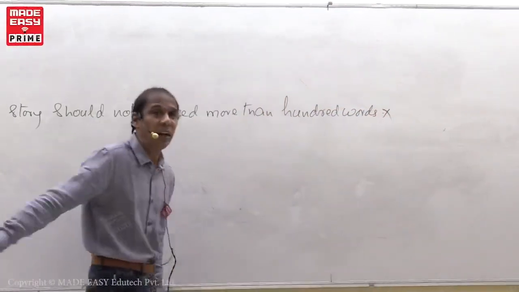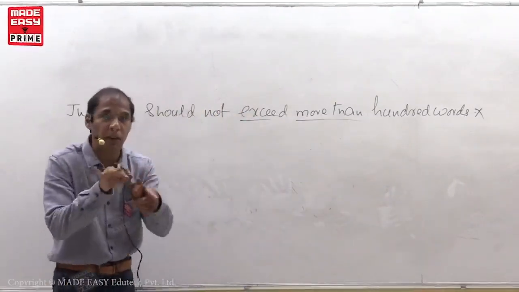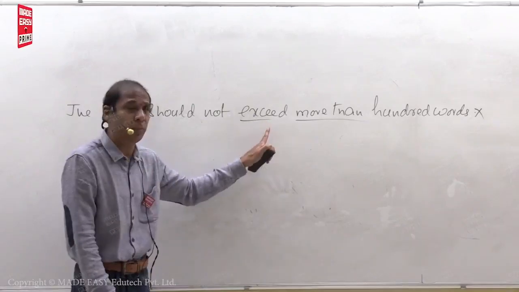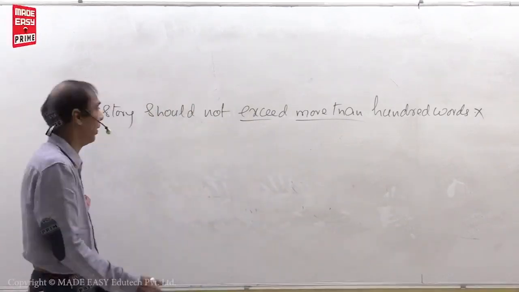This is wrong. Why is this wrong? Exceed, more than: both are similar in meaning. We have to use only one word. It means you have to use exceed or more than, but don't use two words in one sentence.